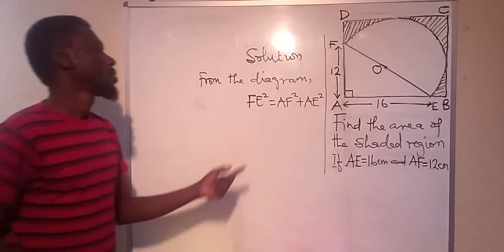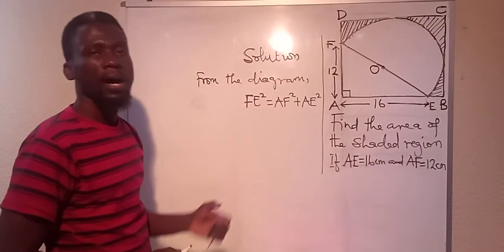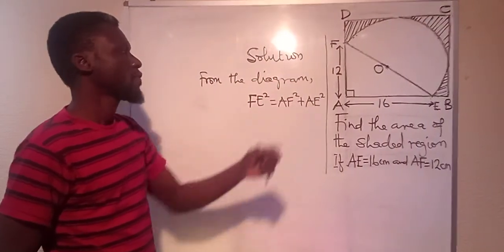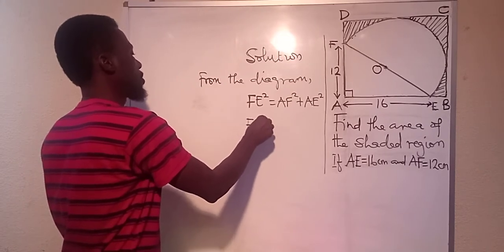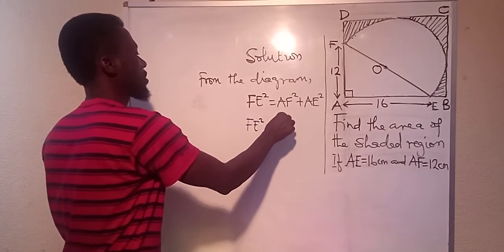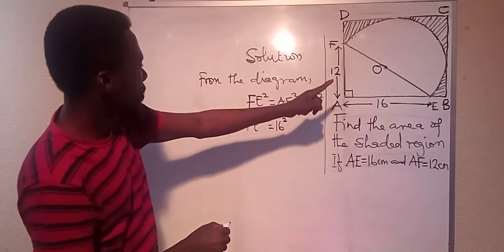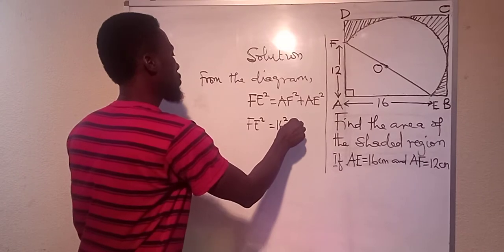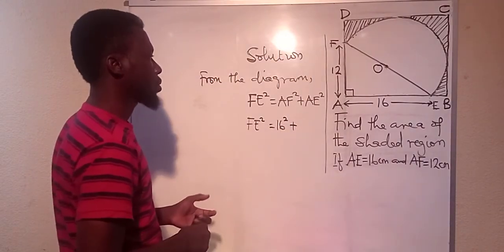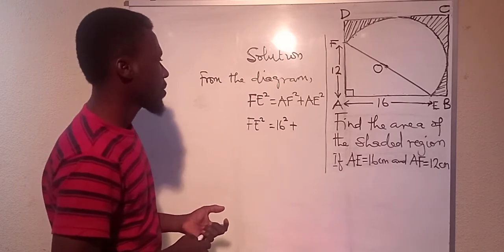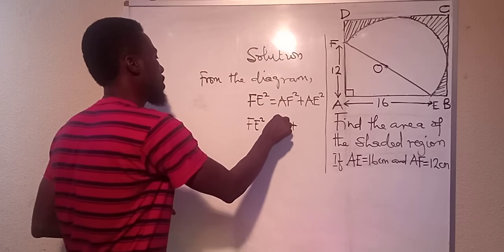So now, what is our FE? We do not know. What is our AF? AF is 12, so we have 12 over here.